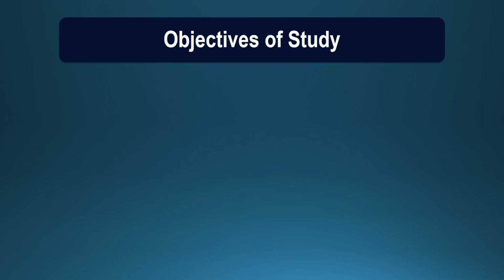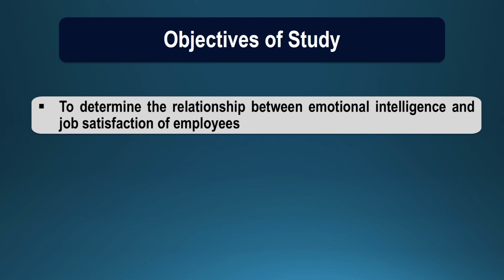The second is the objectives of study. For example, if you are interested in determining the relationship between emotional intelligence and job satisfaction of employees, a clear indication is there that you need to calculate the correlation.